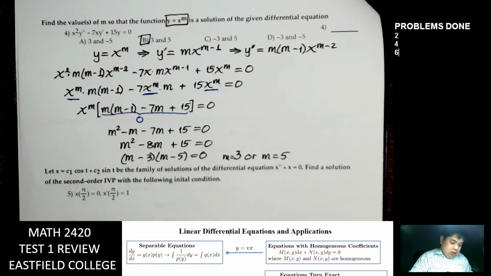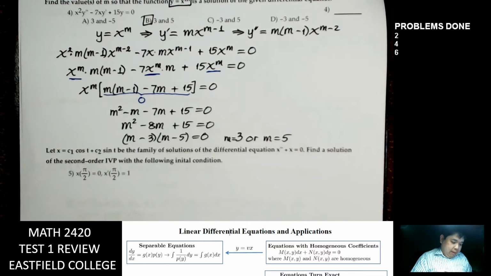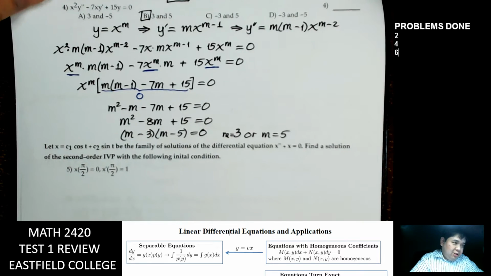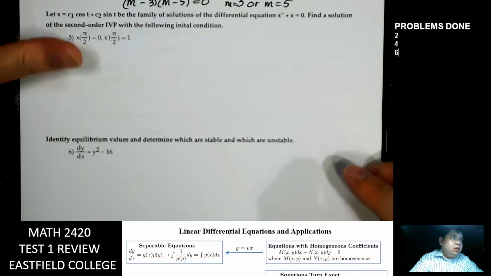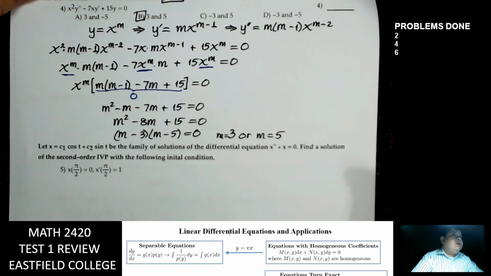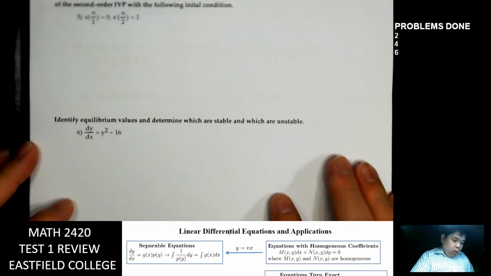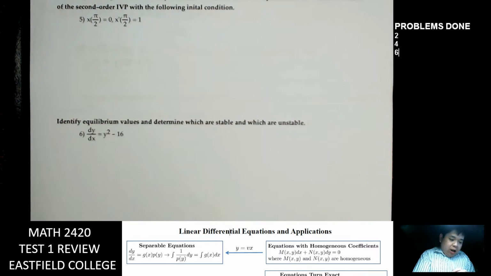I'll do the next one, number 6. Equilibrium values, and determine which one is stable and which one is unstable. All right.